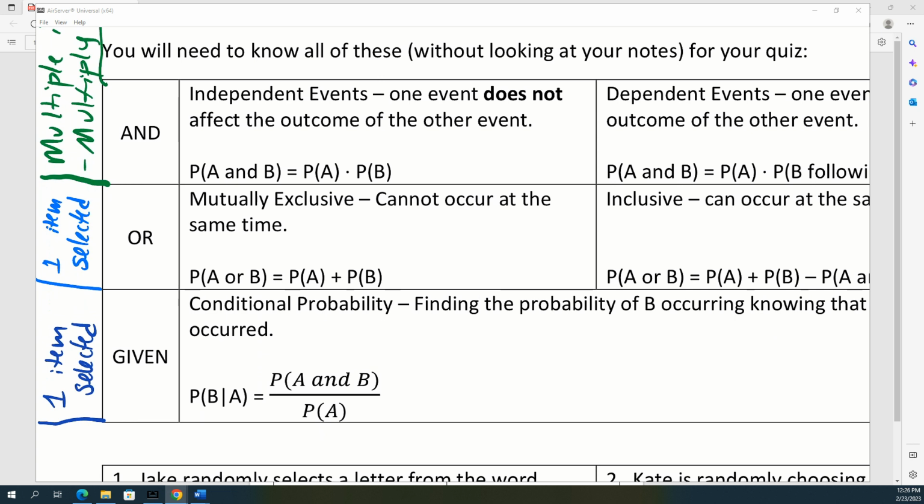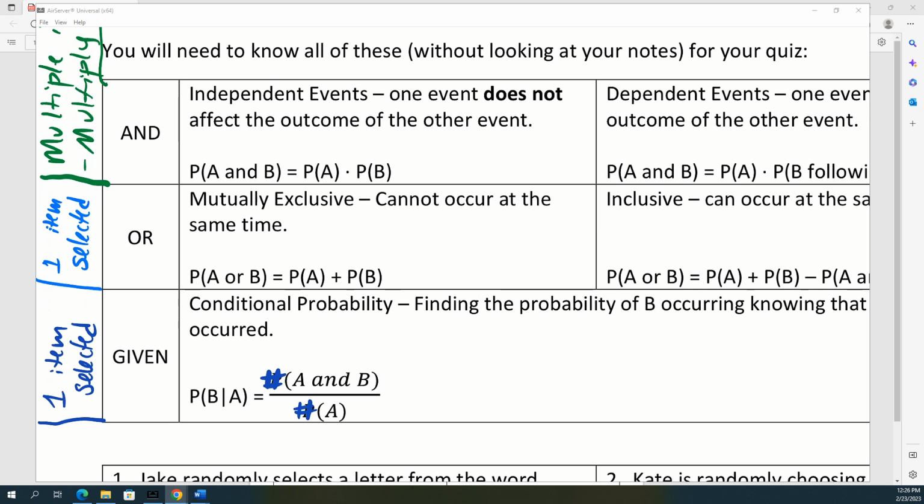Where that P is, you can just change it to a number symbol. So we would figure out the number of A and B and the number of A. And this last thing that you know happened always determines the denominator.